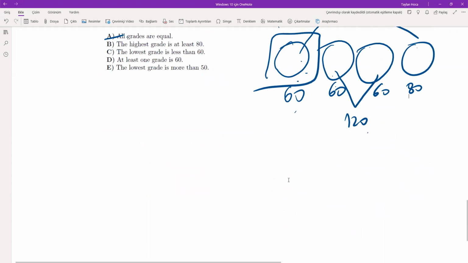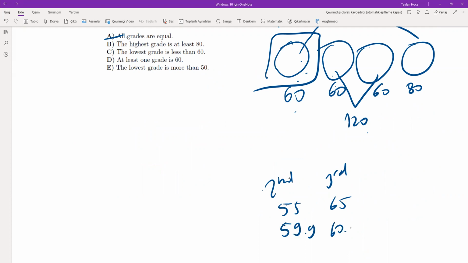You say that since the mean of the second and third is 60, it must be 55 and 65. Yes, but it can be 59.9 and 60.1. Why not 60 and 60?